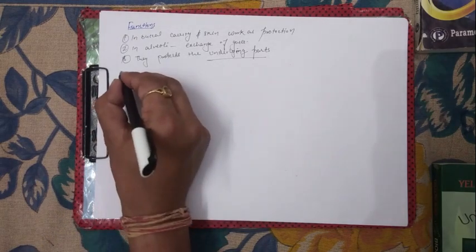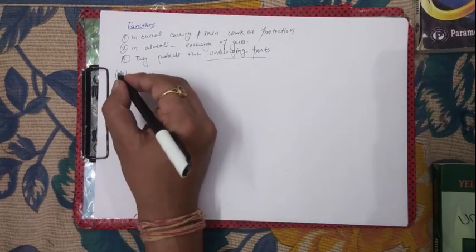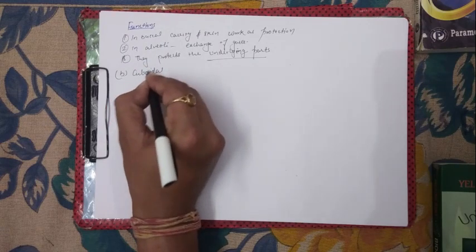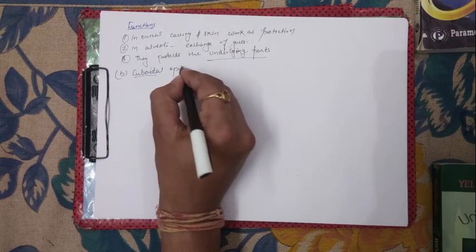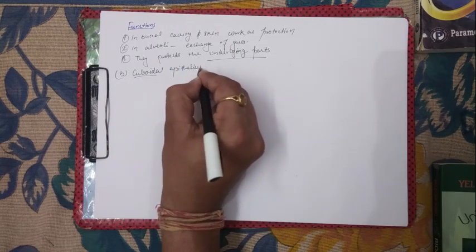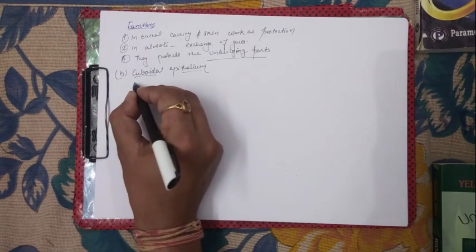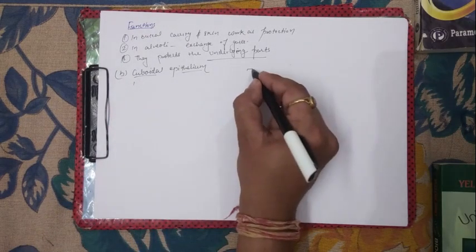Now the next one, cuboidal epithelium. In cuboidal epithelium, they are cube-like structures.